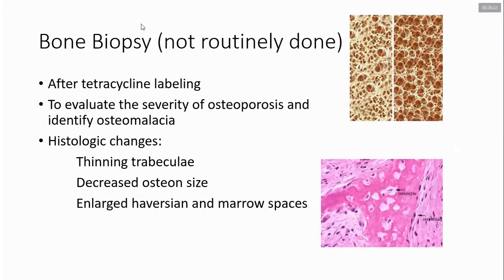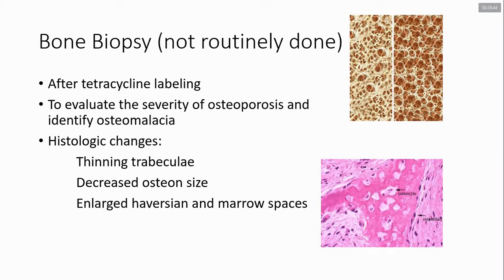Bone biopsy, just for completeness' sake: we normally don't have to do bone biopsy to diagnose osteoporosis, but for theoretical knowledge, some centers prefer bone biopsy. Basically, it is to rule out other pathological causes, for example if you are suspecting multiple myeloma.